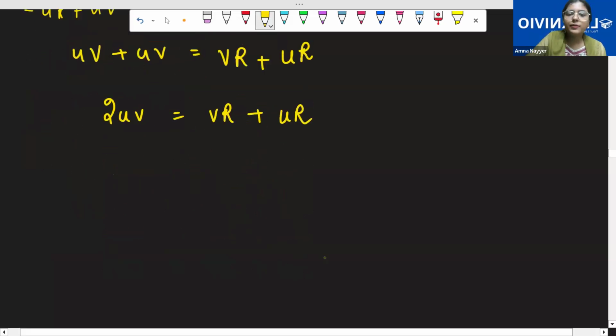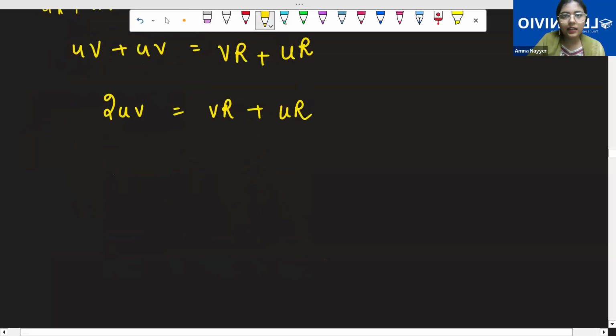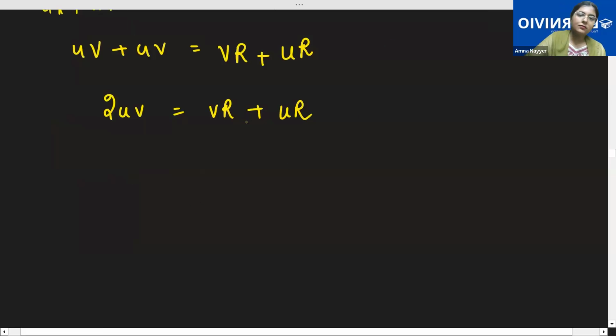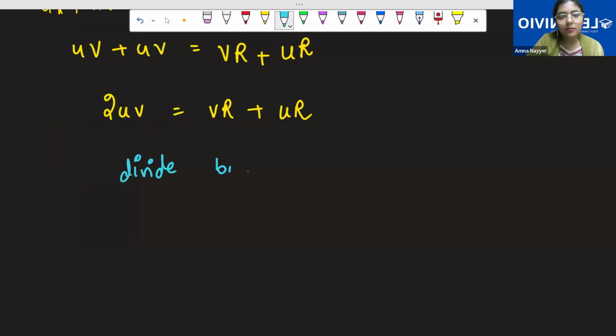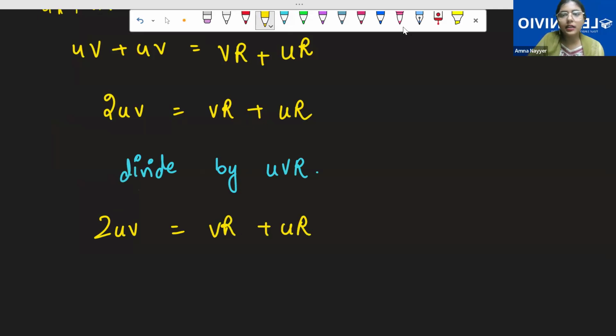Now we'll divide this by UVR. So your equation is 2UV is equal to VR plus UR, and now we are going to divide it by UVR.